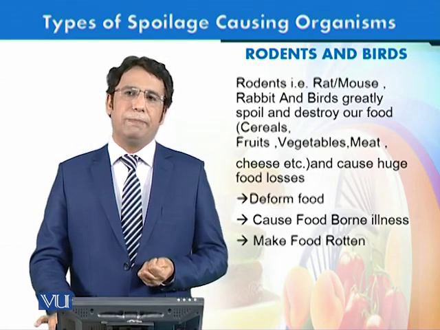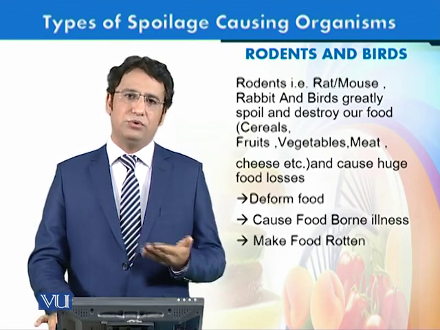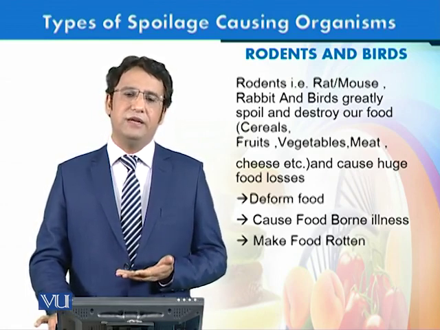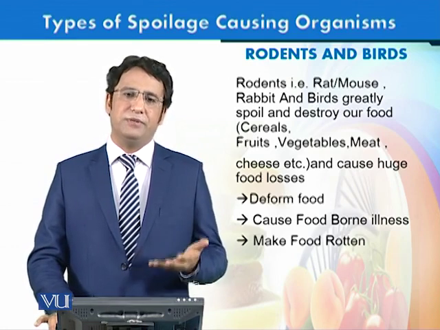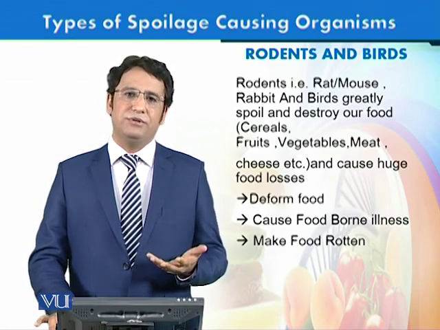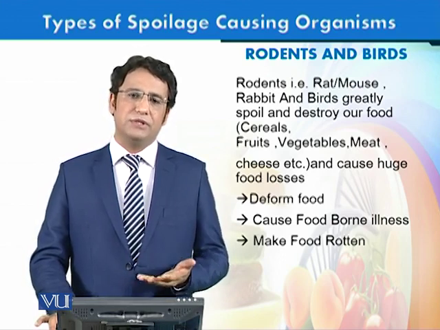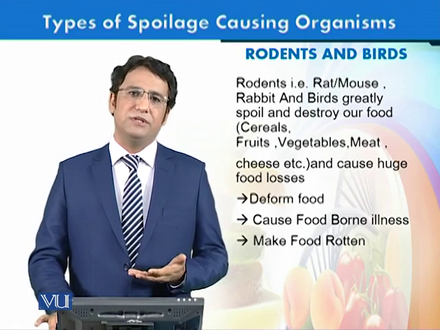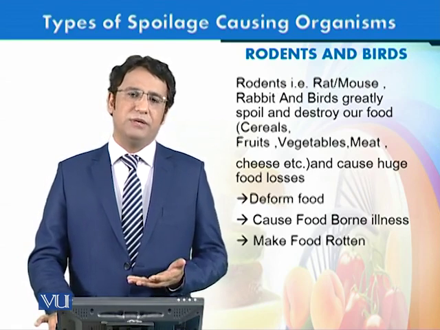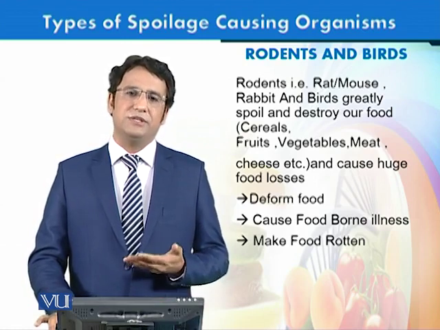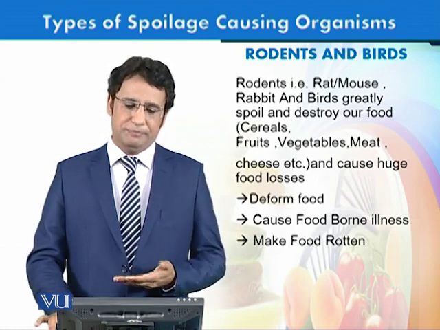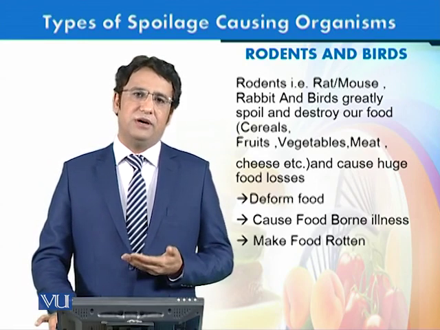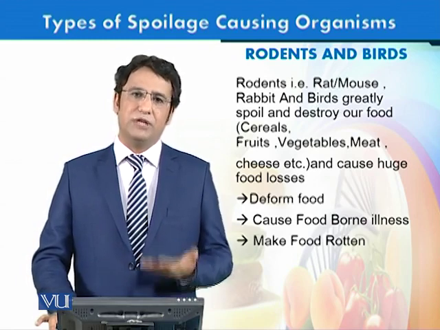On the other hand, even if they don't transmit these pathogens, they are not acceptable, and they are not something that is desirable. So whenever there is an incidence of rodent, insect, or bird attack, whenever they are found in any food industry, the process has to be stopped, because there are chances that these organisms can bring undesirable effects to the food that they have contaminated.